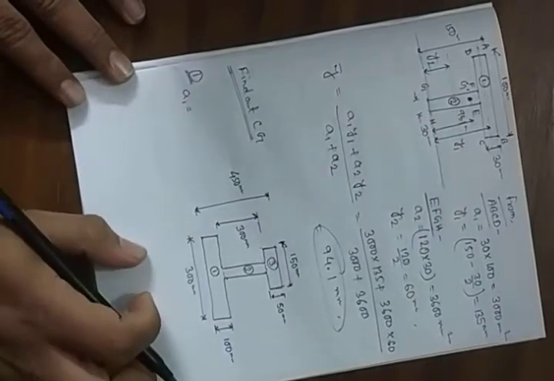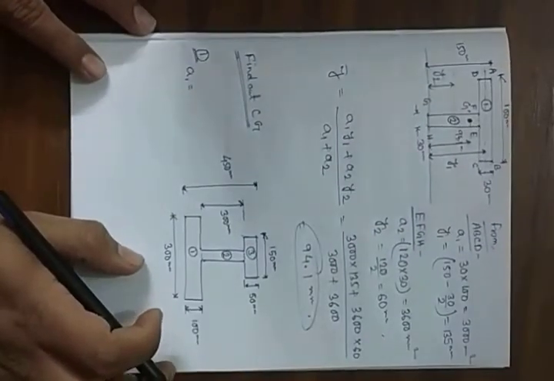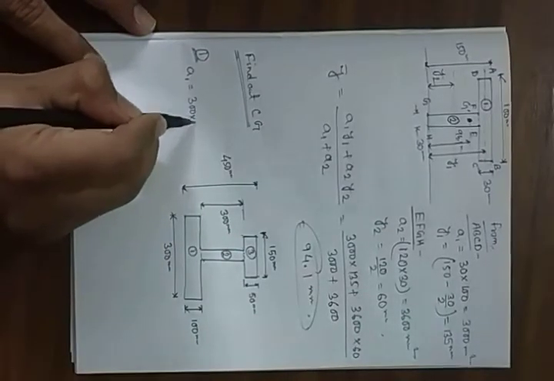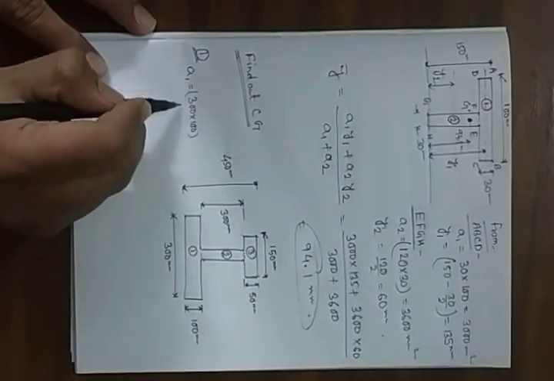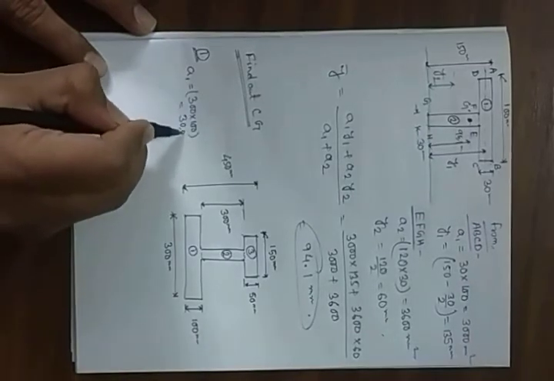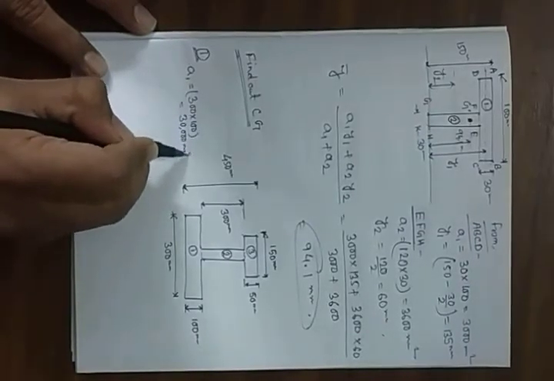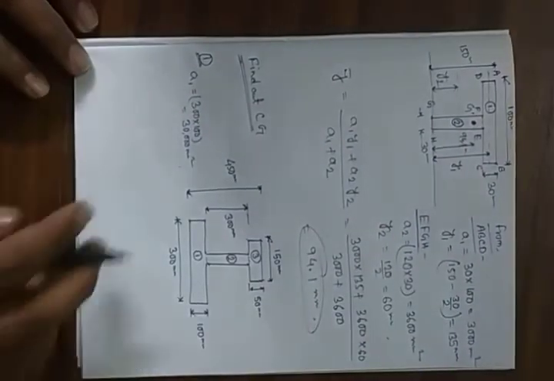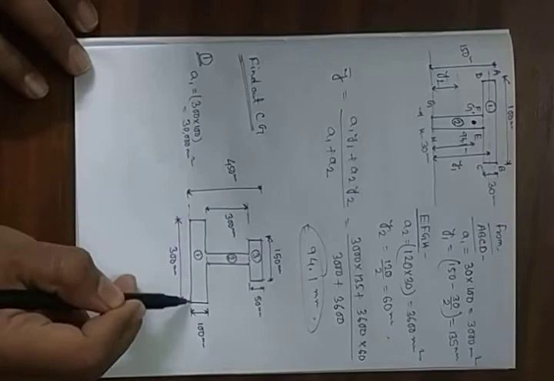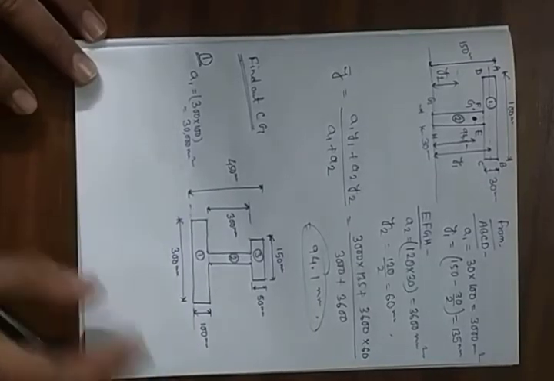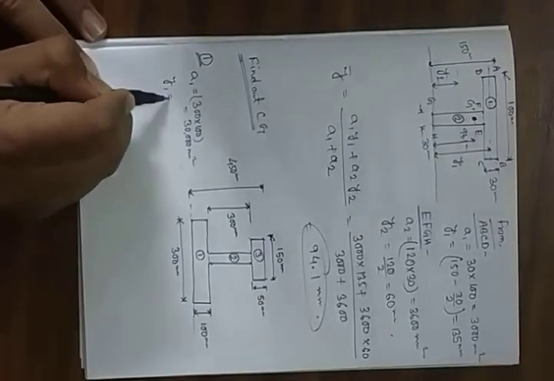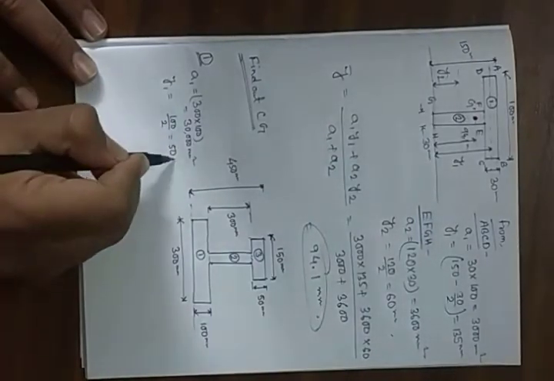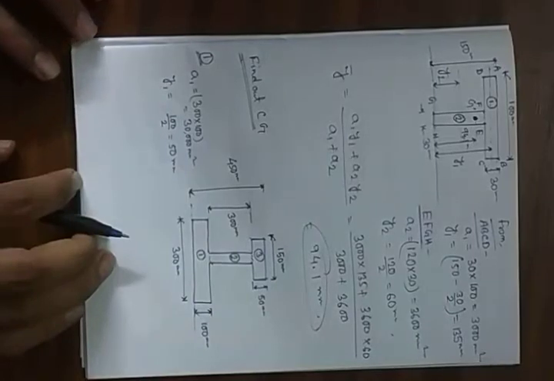We symbolize it as A1. A1 is 300 into 100, that comes out in millimeter square. We take this baseline as the reference line. So y1 is equal to 100 divided by 2, that means 50 millimeter.